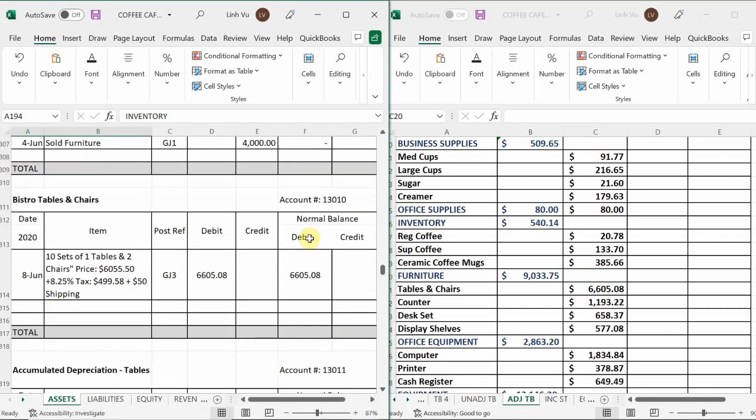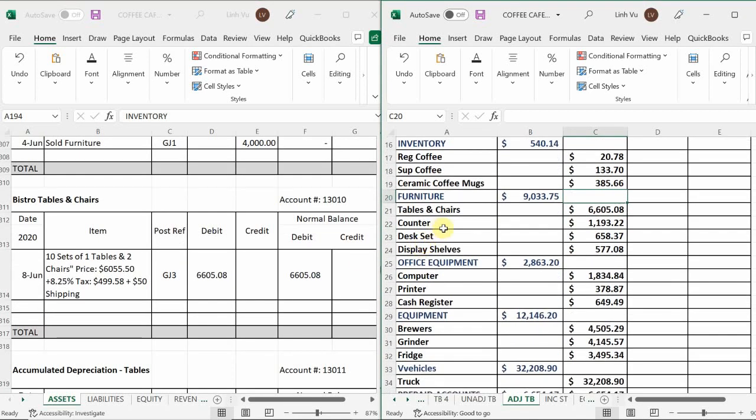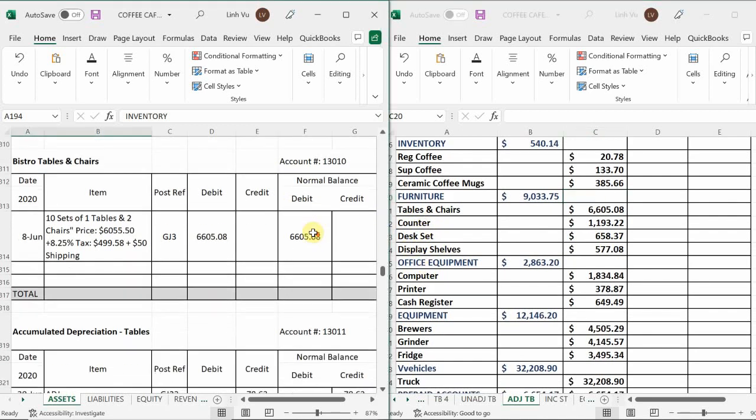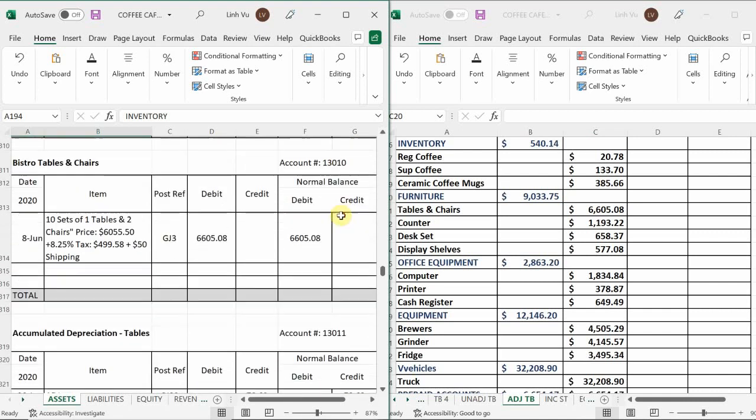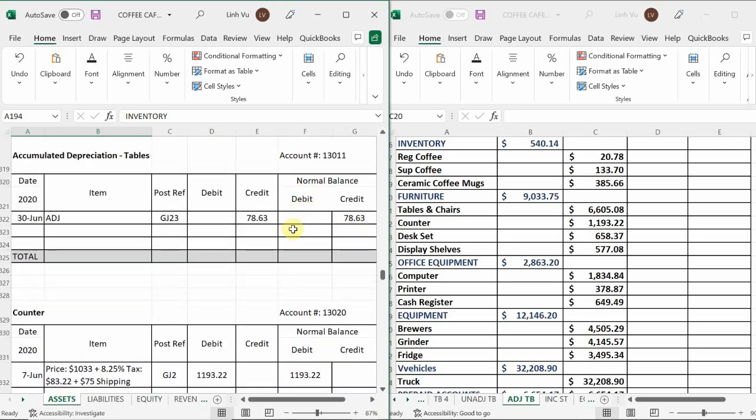Furniture, which includes my tables and chairs, counter, desk, and my display shelves. The inventory item, the fixed asset itself. So for example, my tables and chairs are still at $6,605.08. However, we also calculated the accumulated depreciation.